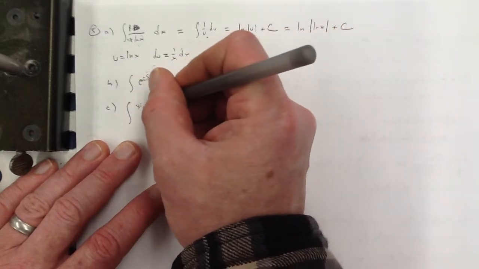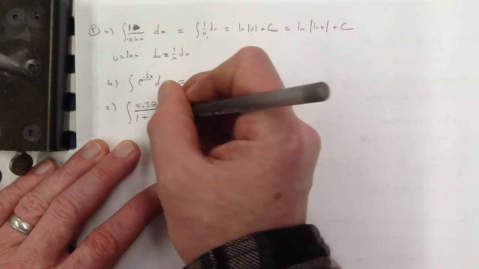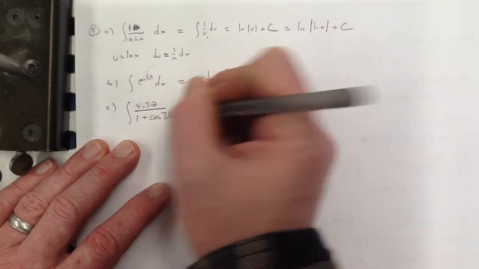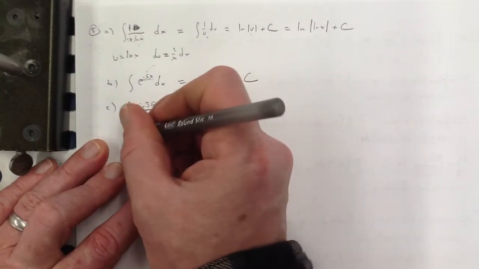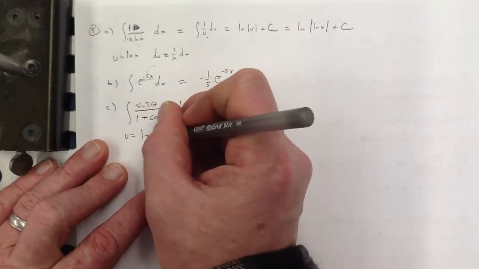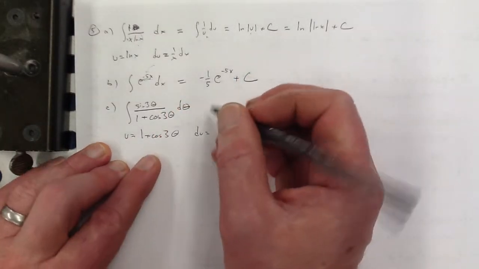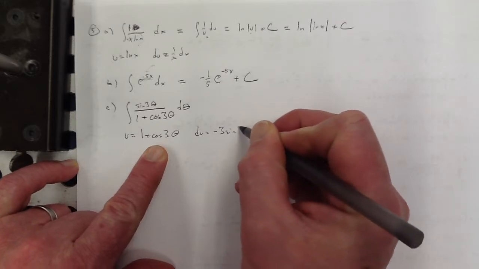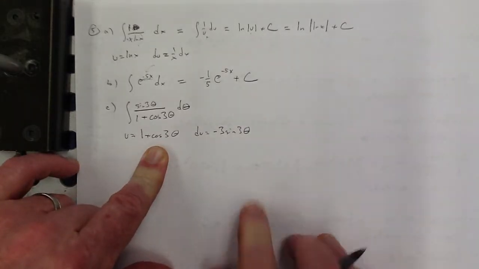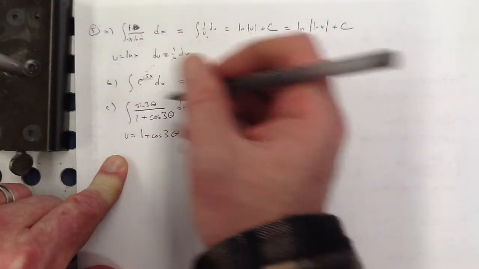So sine 3 theta over 1 plus cosine 3 theta d theta. And my u is 1 plus cosine 3 theta, so du is equal to -3 sine 3 theta. Okay, doing okay here, but I need that -3, so I have the whole thing.